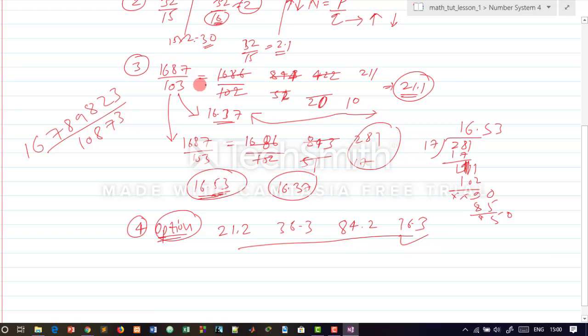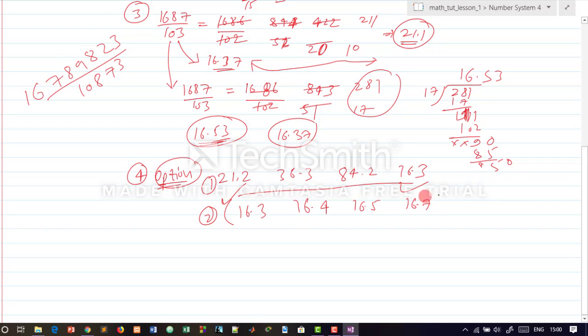But if you go the wrong way like this, you will approximate it to here. So take care. And if there are options of this type, then never ever approximate the result. Always do the simple calculation, whether division or multiplication is given. So take care of it.